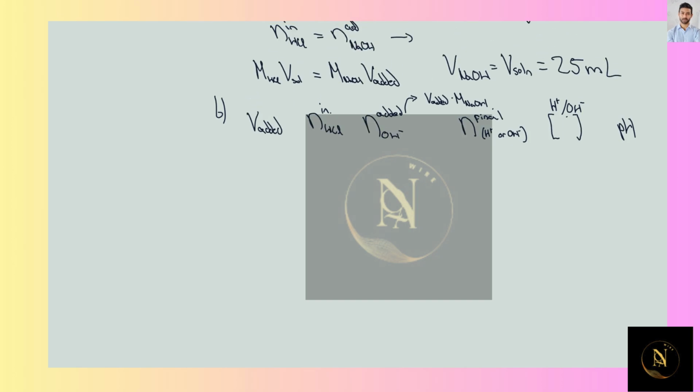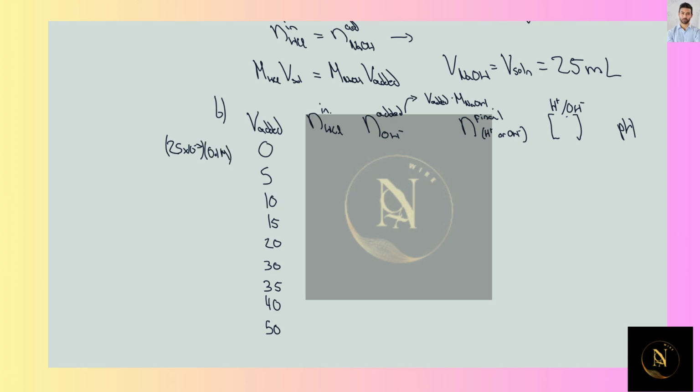Okay. So let's begin. We have different volumes of addition: 0, 5, 10, 15, 20, 30, 35, 40, and 50. The initial amount of HCl is going to be directly 25 times 10 to the minus 3 multiplied by 0.1 molar.